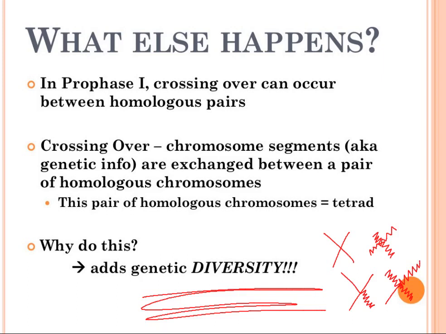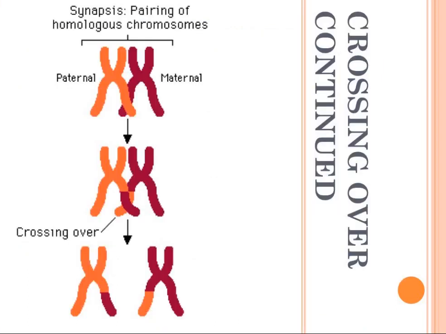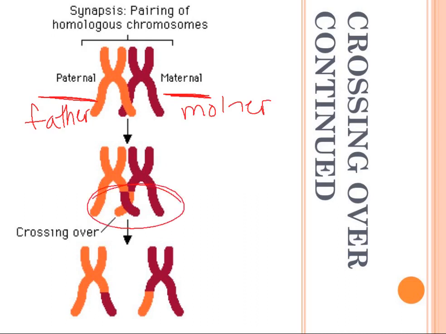The genetic information from this one went here, and the one from this one went here. So now those chromosomes are even more different. And then here's just showing it to you with a better visual. Paternal means father. These are terms you should probably get to know before we get to genetics. Maternal means mother. So this is the father's chromosome and the mother's chromosome. And then notice they switched arms here. And then at the end, here's your end result.